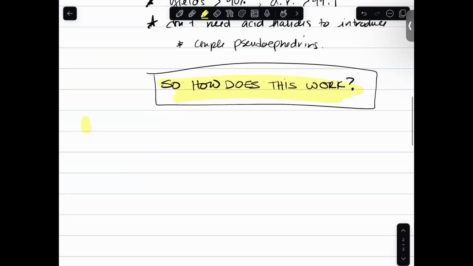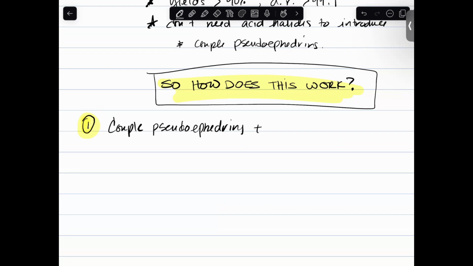And part 1. Couple your pseudoephedrine and your carbonyl compound. Just like we did with Evans oxazolidinones.